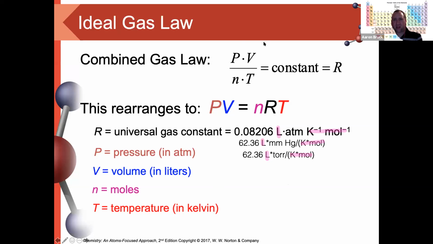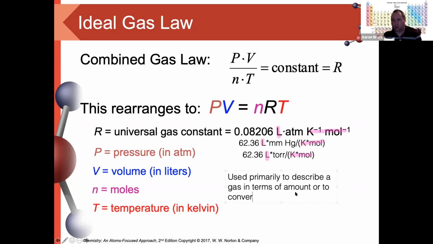Now, where we use the ideal gas law, we use it primarily to describe a gas in terms of amount of gas, or we can use it to convert between volume and moles in a chemical reaction.